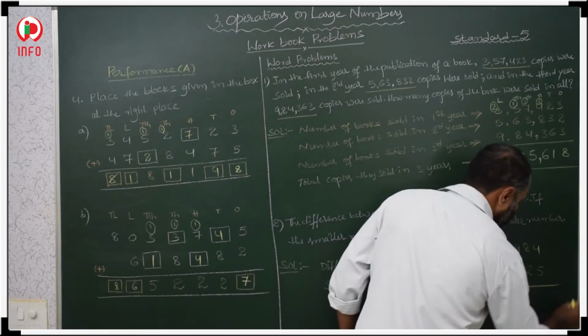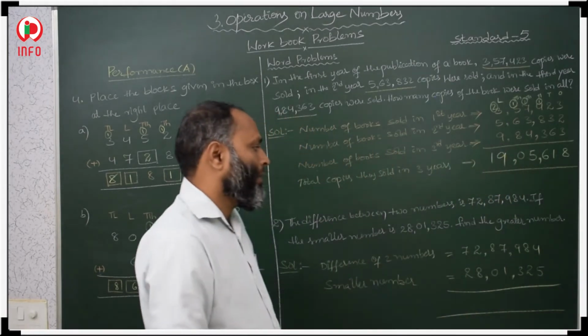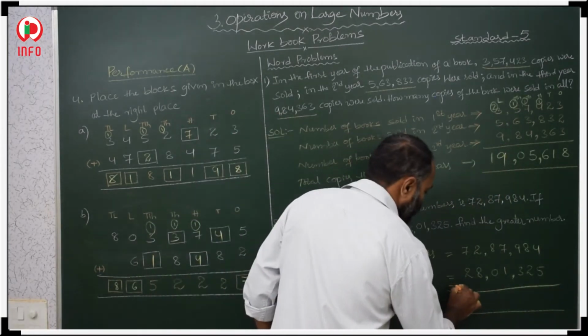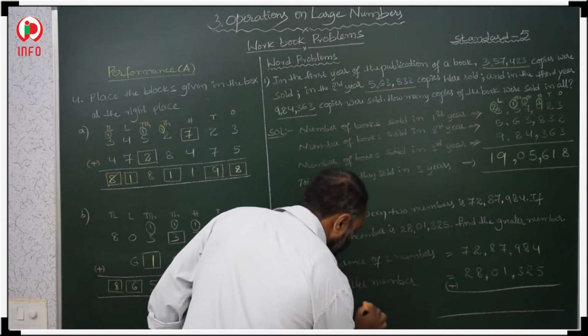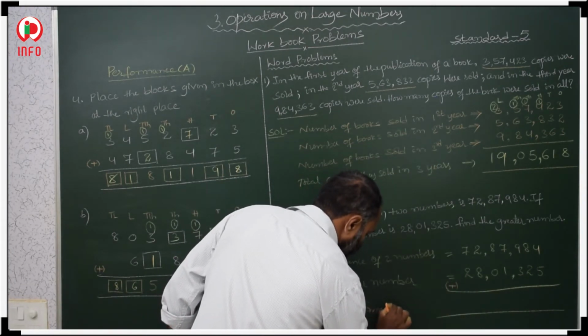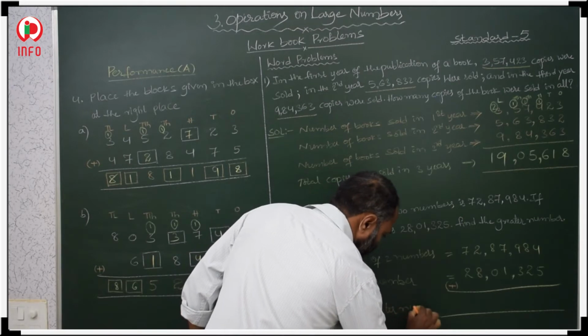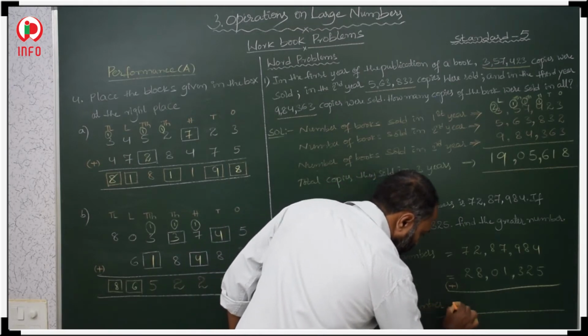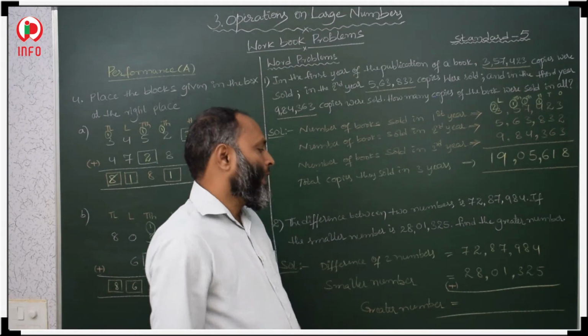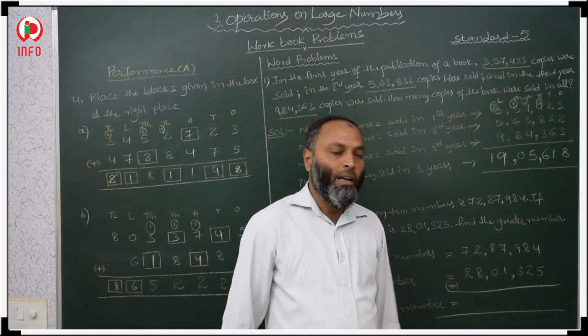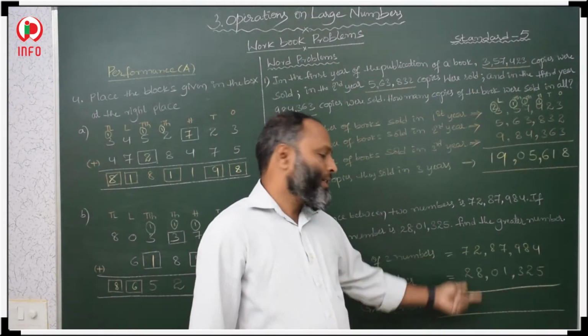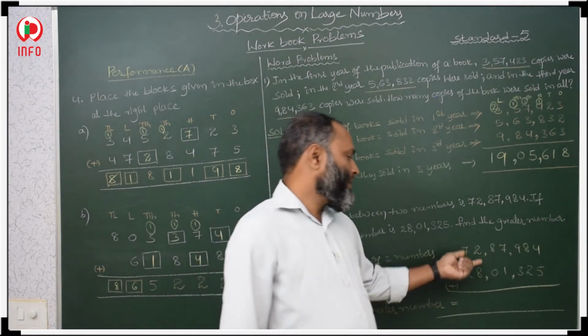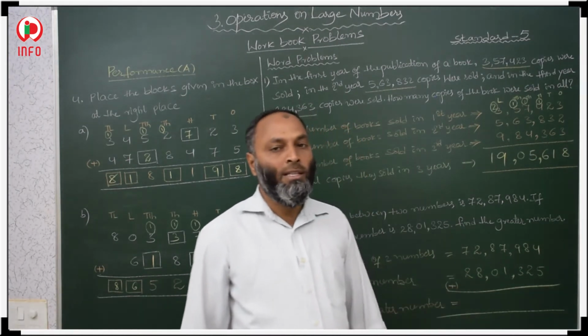Then we have to find the bigger number, that is the greater number. How will you get the greater number? If we add these two numbers, the difference and the subtrahend, then you will get the minuend, that is the greater number.